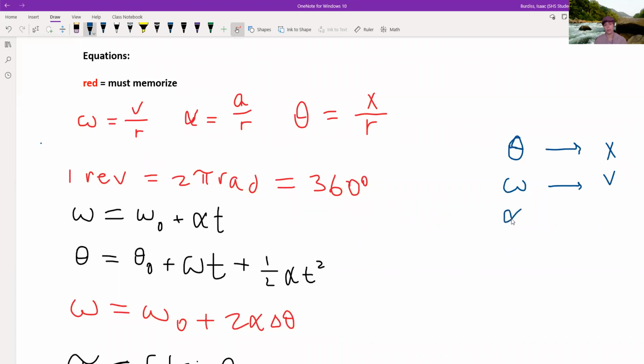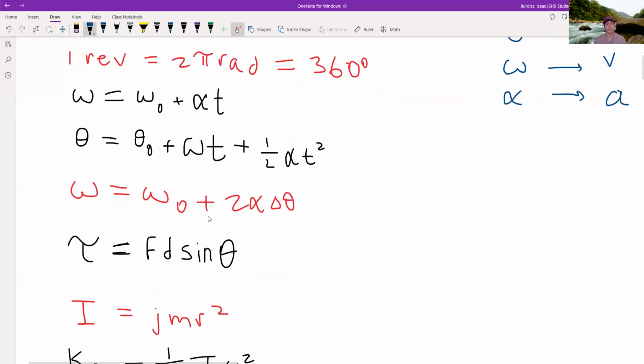And then this Greek A, which once again is not an A but looks like it. Remember to relate those. How do you get from one to the other? You just divide the linear one by the radius to get the angular one.